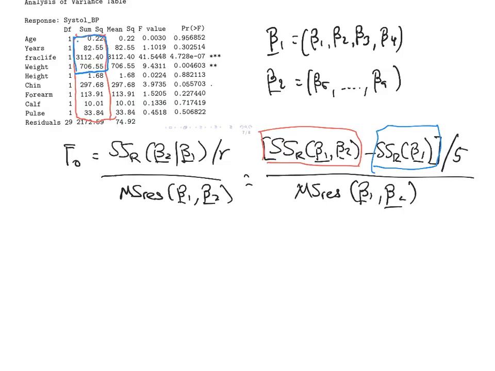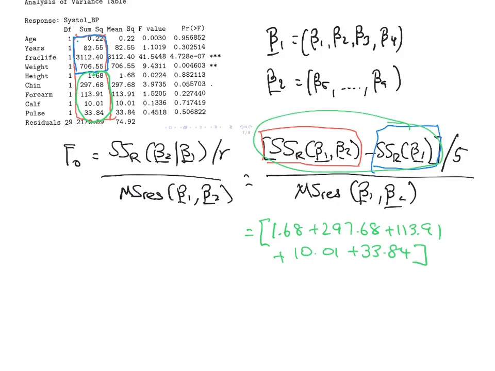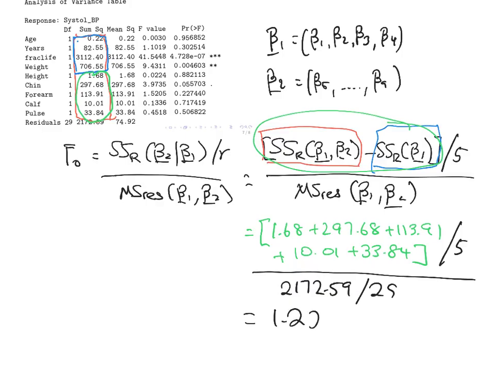What you're left with, taking the red minus the blue, are these last 5, so it's basically adding up those 5 over there: 1.68, 297.68, 91 plus 10.01, 33.84. So that's the whole chunk, and we divide it by 5 in the numerator, and then the mean square residuals is 2172.59 over 29. If you work this out, this also gives you the same F statistic as the previous approach.